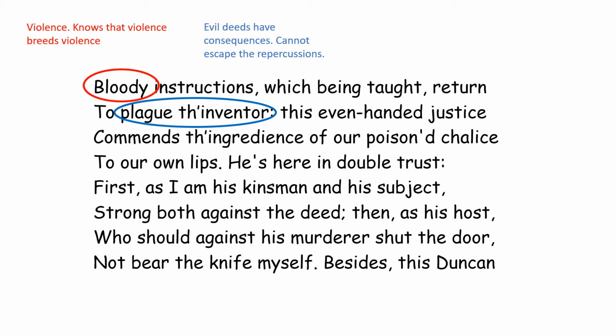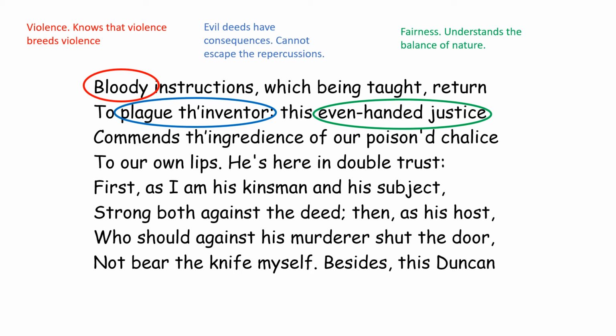He knows that when you do something bad to someone, there's always someone who will take revenge. And that's something that is considered very highly in Shakespearean society. The idea of justice, the idea of bad things happening to bad people in the end, is something that is happening all of the time in Shakespeare's plays. And he describes this as this even-handed justice, because he's very aware that justice is a sense of fairness, and he understands that society is all very finely poised.